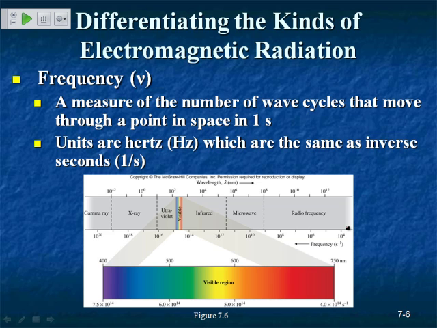So for the same amount of time, if you compare the number of waves that hit the deck in 5 minutes on a calm day versus a windy day, of course you will have more waves hitting you on a windy day, or in other words, on a windy day the waves have more frequency. Okay? So frequency means how many waves can pass through a point in a given period of time. That's what you mean by frequency.